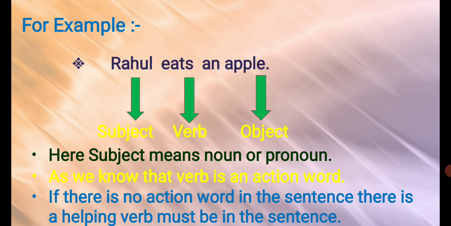If it is a single word in the sentence, it has to be a verb. Without a verb, sentence formation cannot be possible. Have you remembered this rule? Same here, if there is no action verb in the sentence, at that time the helping verb replaces the action word.